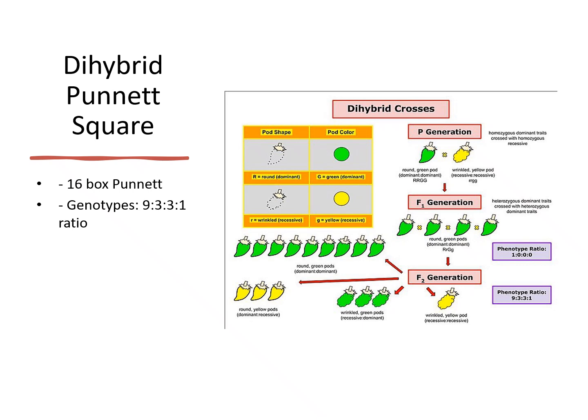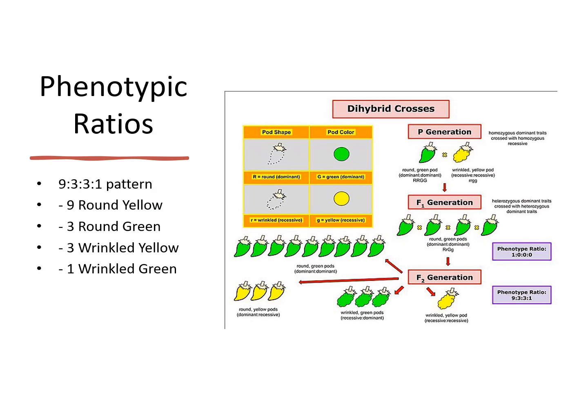A dihybrid Punnett square is a 16-box Punnett with genotypes of 9 to 3 to 3 to 1. The 9 to 3 to 3 to 1 ratio is a hallmark of dihybrid crosses when traits assort independently. It's an exam favorite.